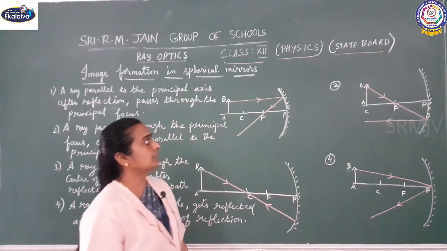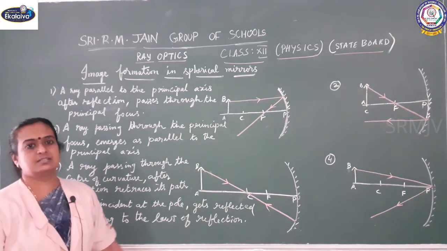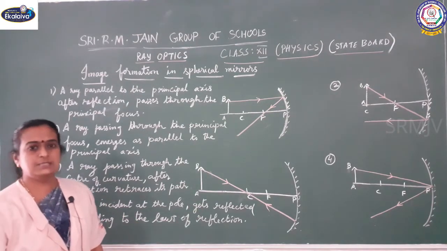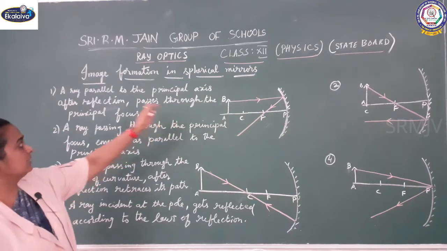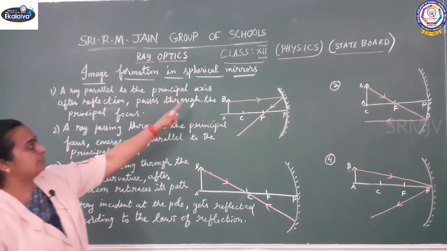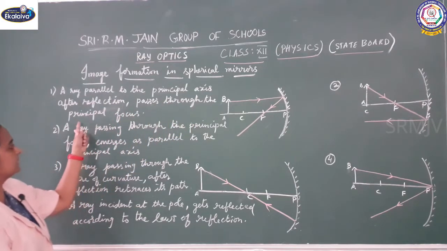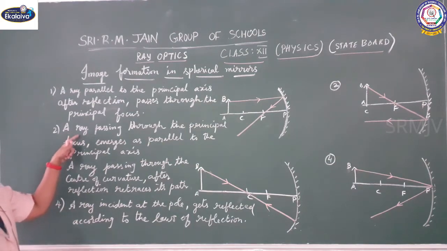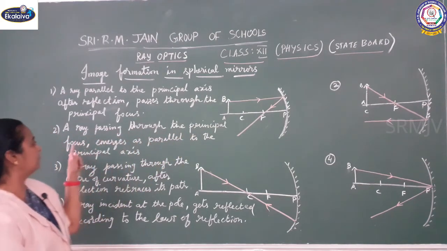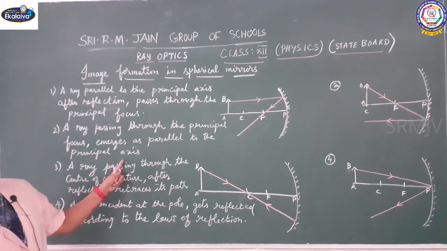These are the four rules that are used to study the image formation in spherical mirrors. Let us recall once again. The first rule is a ray parallel to the principal axis, after reflection, passes through the principal focus. The second rule, a ray passing through the principal focus emerges as parallel to the principal axis.